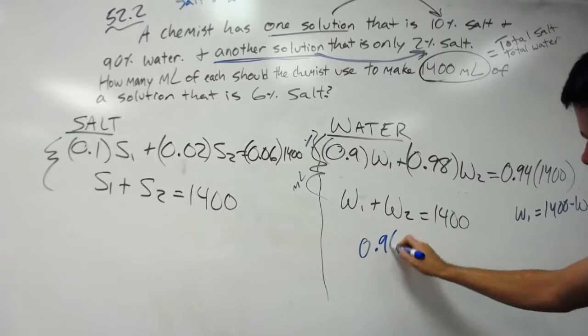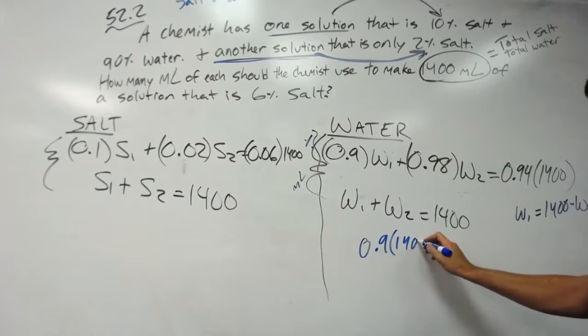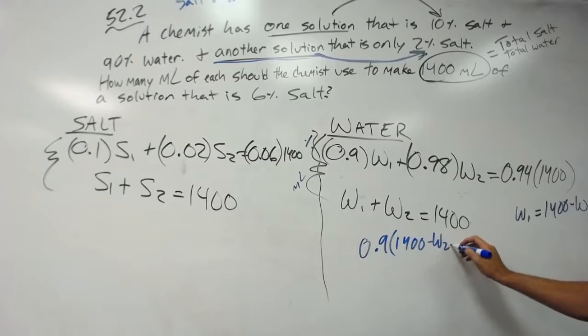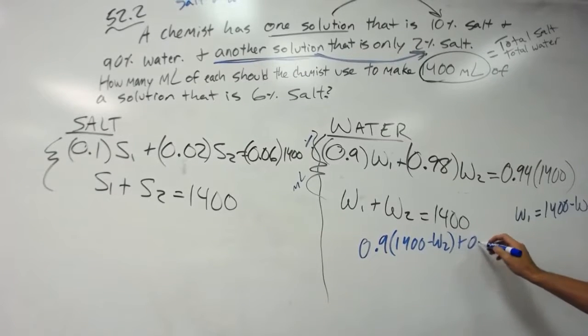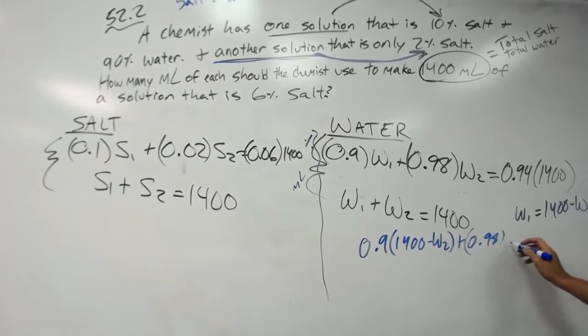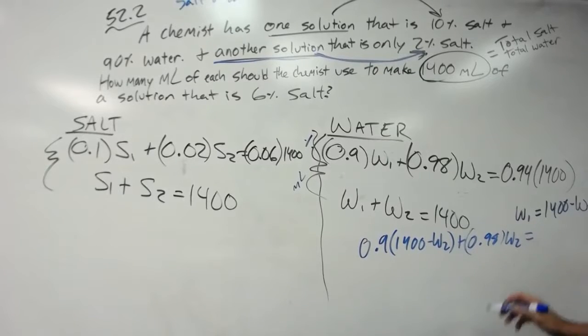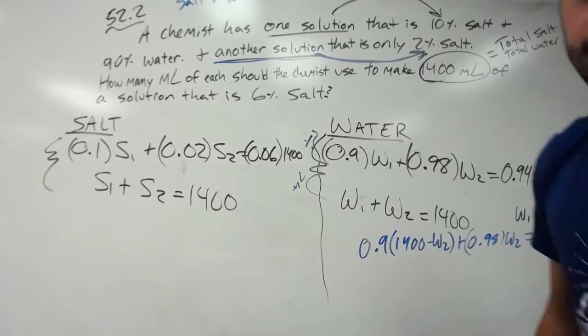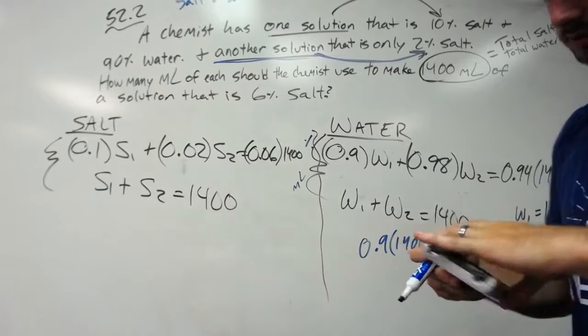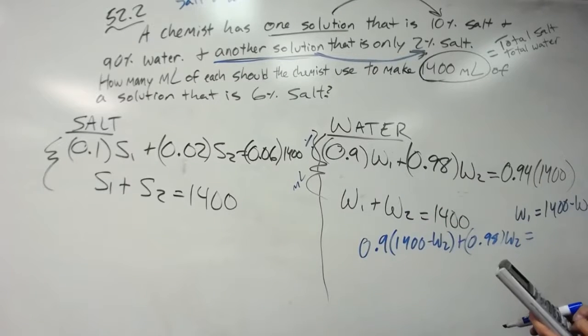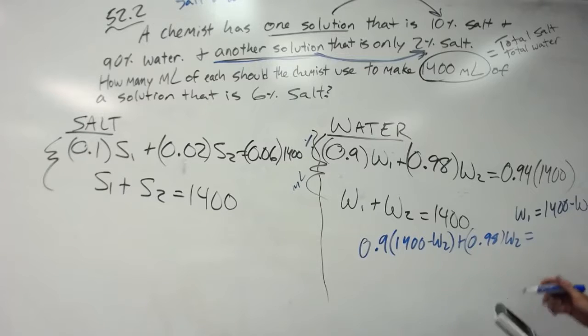And then we can plug in 1,400 minus W2 for W1, since we know the value of it now. 0.9 times 1,400 minus water 2 plus 0.98 water 2 equals, that would be 1,400 times 0.94 is 1316.